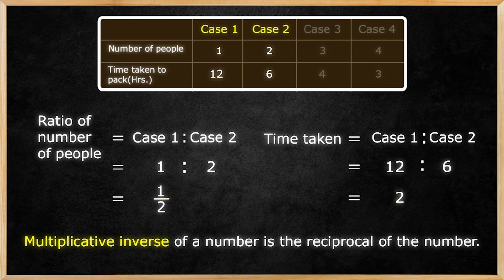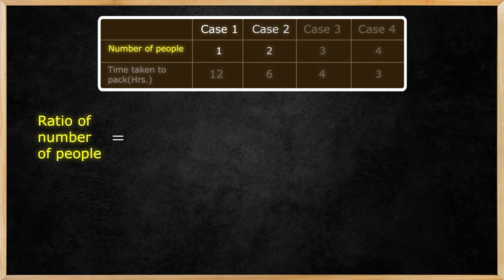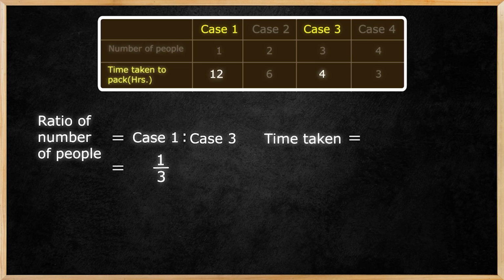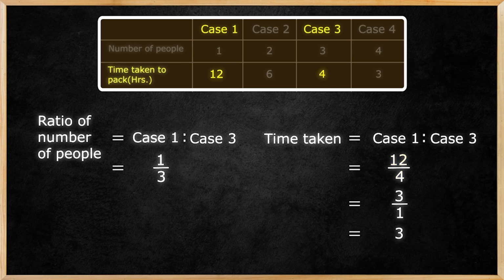Similarly, if we take the ratio of the number of people from the first and third case, we will get 1/3. And if we take the ratio of the time taken from the first and third cases, we will get 12/4. After simplification, 12/4 becomes 3/1 or 3.